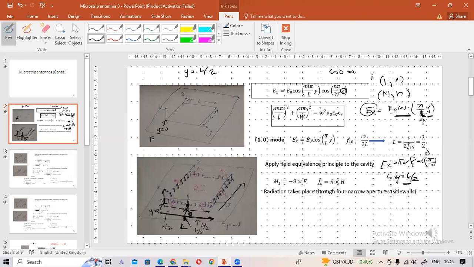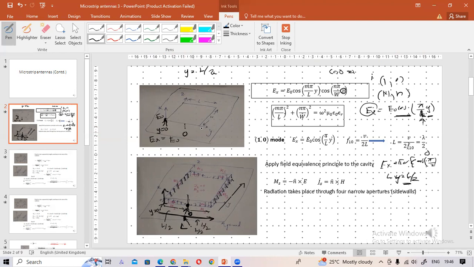So what is the X direction E field when Y is equal to 0? Here Y is equal to 0, so E naught cos 0, that means it is equal to E naught. So once it comes to the middle, the E field will be 0.